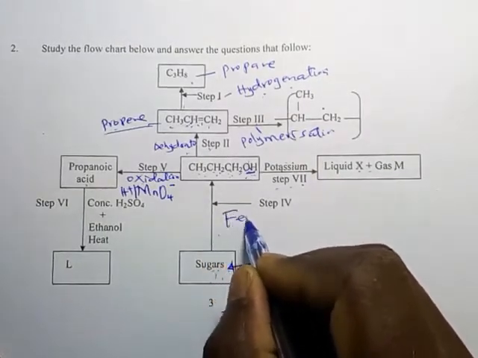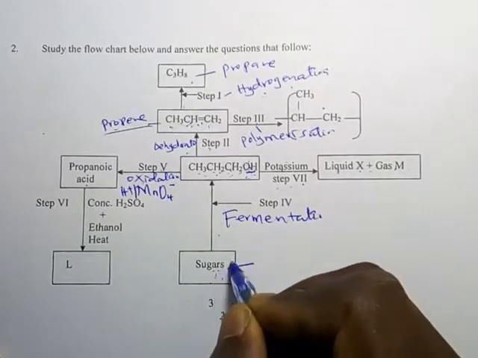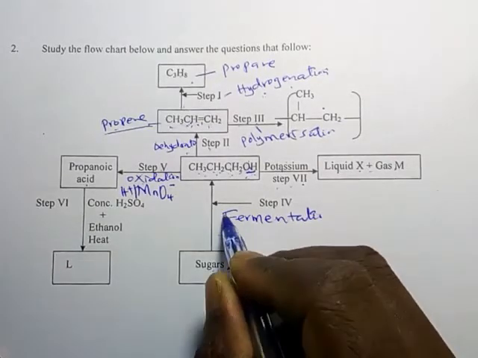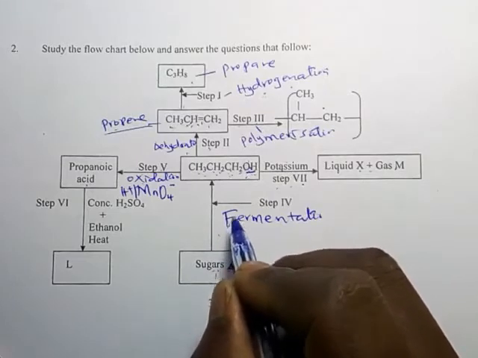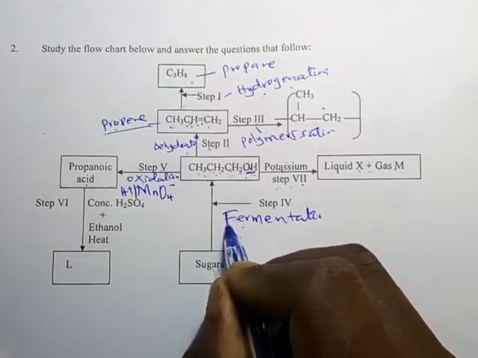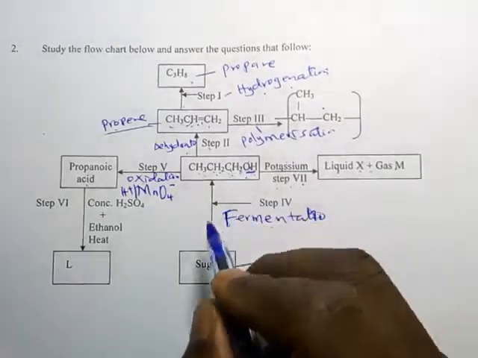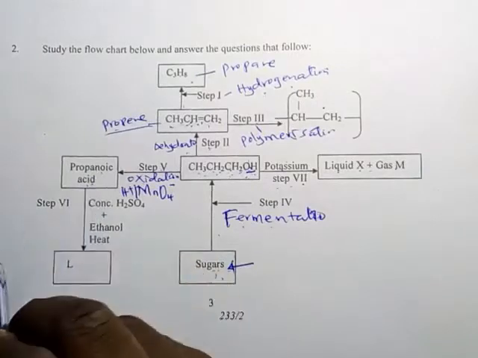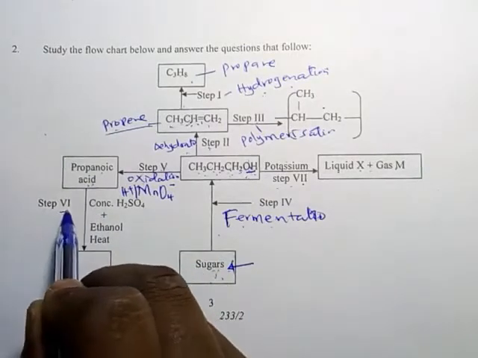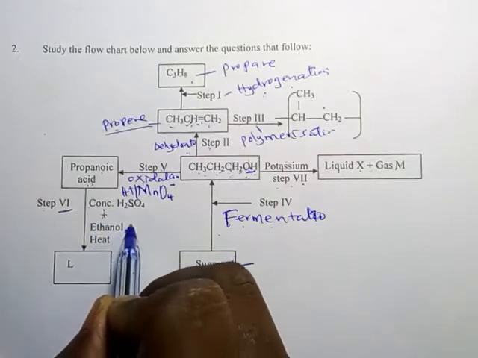This step we know it is called fermentation, where sugars undergo decomposition using the yeast, the enzymes, to form alcohol.